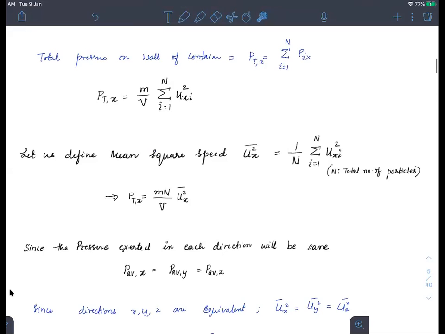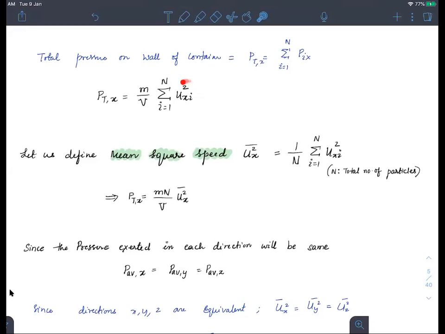Now we can define an important term, the mean square speed. Mean square speed ux square will be equal to the sum of all the speeds squared divided by n, the total number of particles.